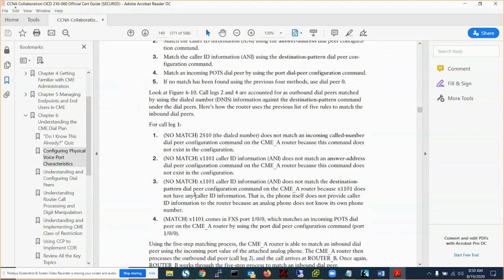The CME doesn't have a destination pattern for 1101. It has a destination pattern for 2510, but it doesn't have a dial peer to match 1101.